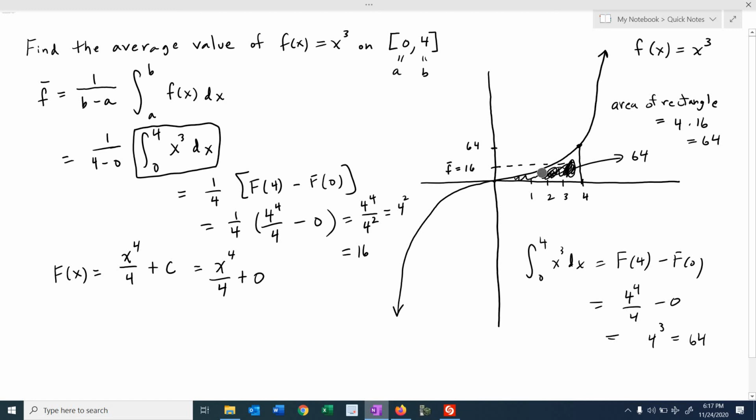So again, if you want to keep the same amount of area that's underneath the function, which is 64, then you would have to flatten the function out at 16 in order to maintain the same amount of area in there. Namely 4 times 16, which is, again, 64. So that's how this little formula works. You can sort of interpret it geometrically in the way that I've shown here.